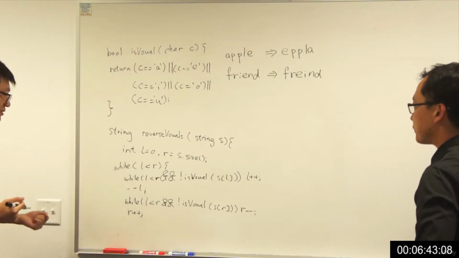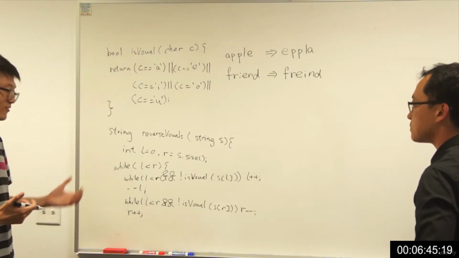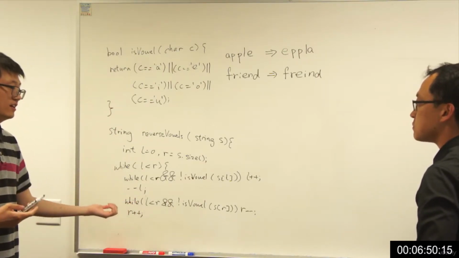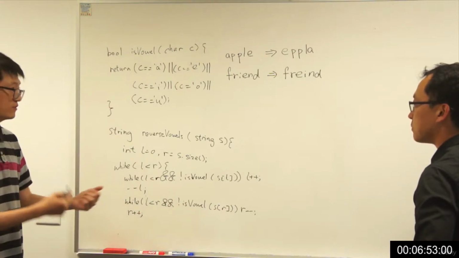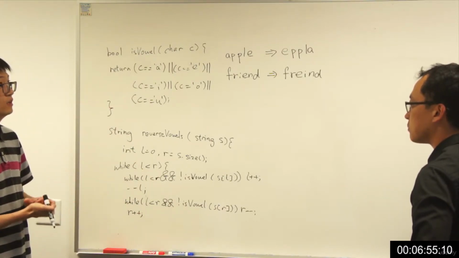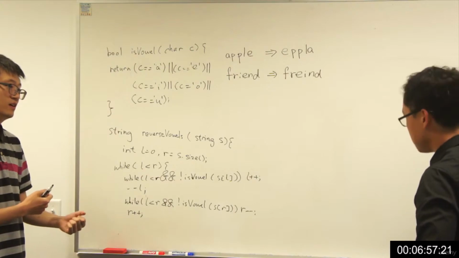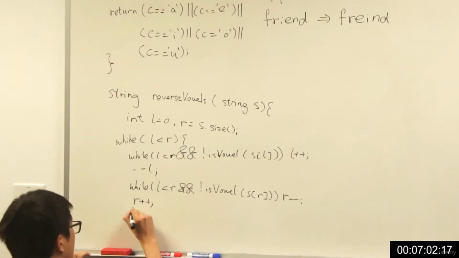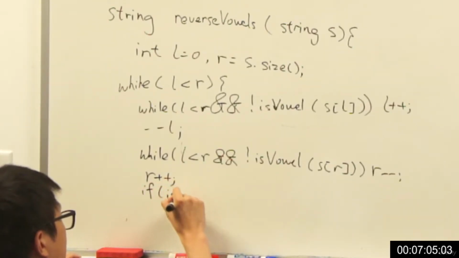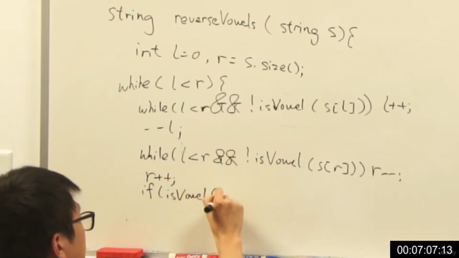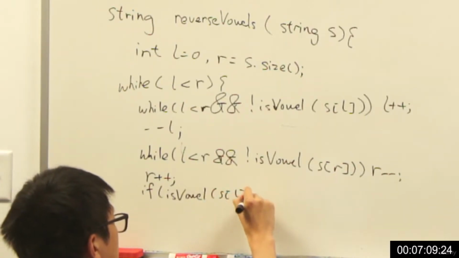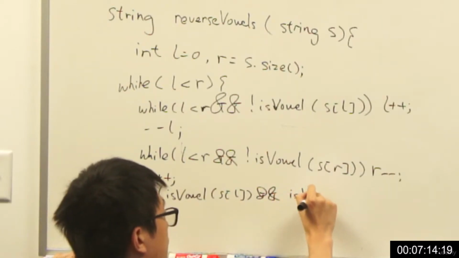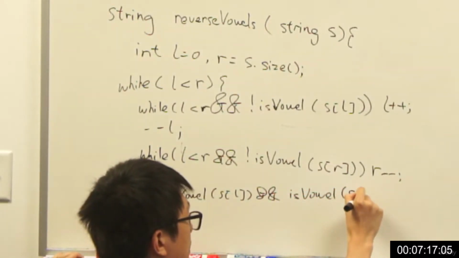So no matter whatever case it is, we can simply check if s[L] and s[right] are vowels or not. If both of them are vowels, we can just swap them. So after that, we can do an if check: is vowel s[L] and is vowel s[R].